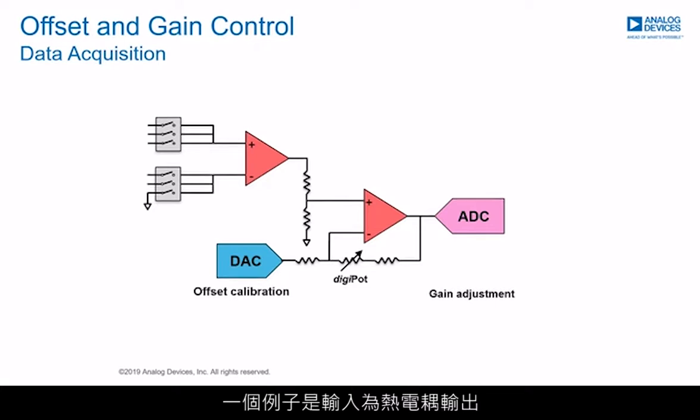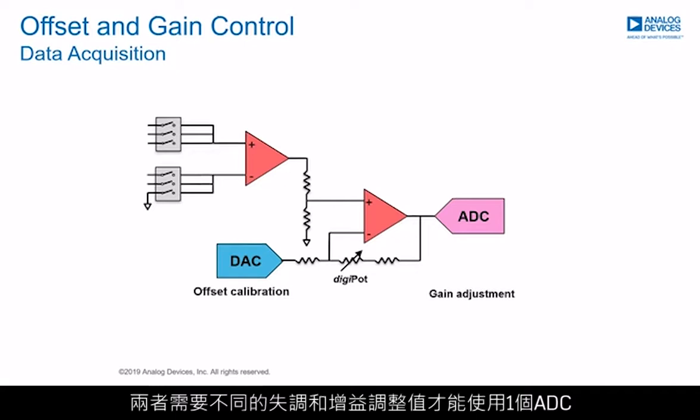An example could be a thermocouple output on one input, which would be small in magnitude, of the order of microvolts per degree C, and the other signal could be a bipolar reference voltage of ±5 volts, both of which will need different offset and gain adjustment values to enable the one ADC to be used.